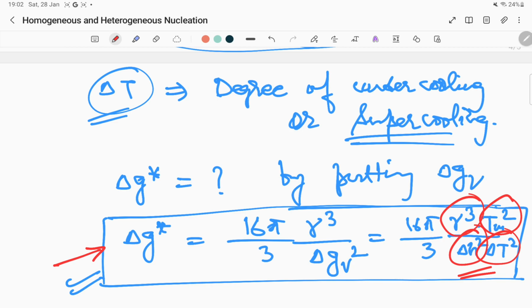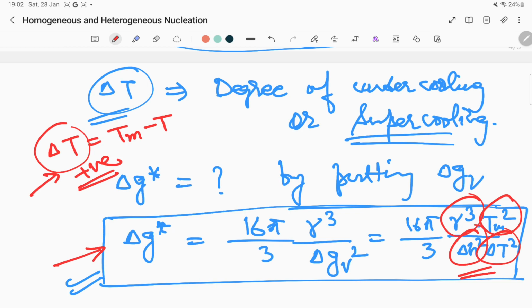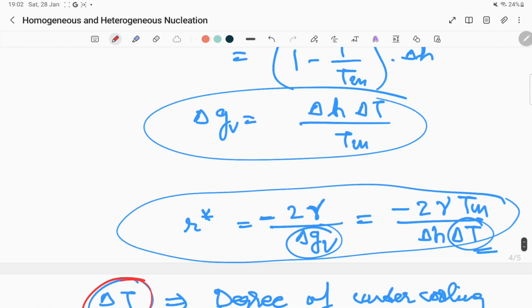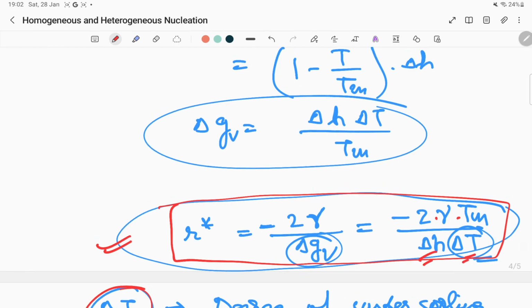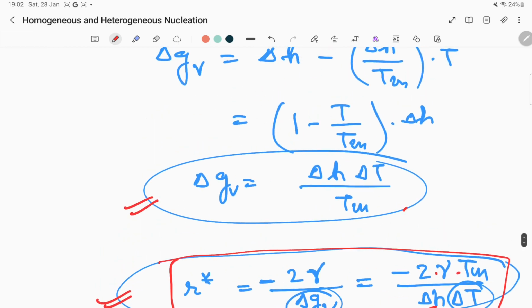About the supercooling, delta T is equal to Tm minus T, where delta T should always be positive. This is the critical radius R star: minus 2 interface energy multiplied by melting point divided by enthalpy and delta T. This is the delta GV equation.